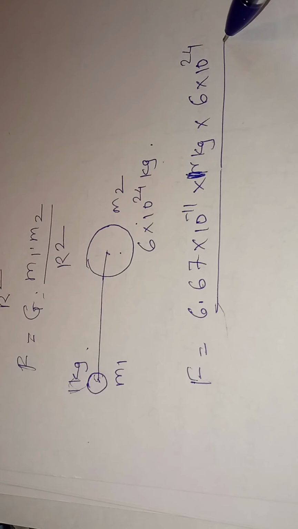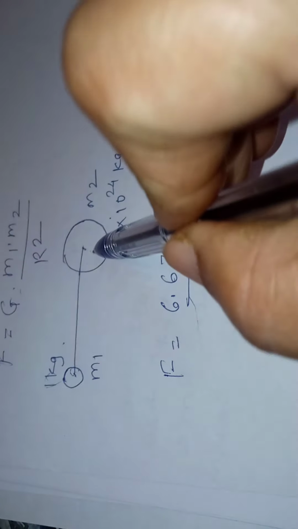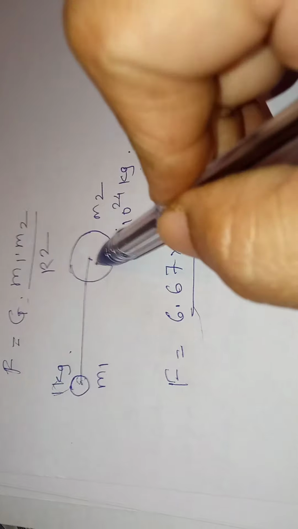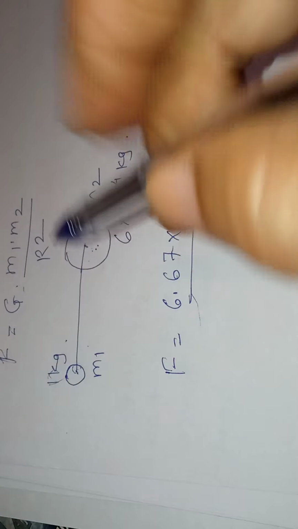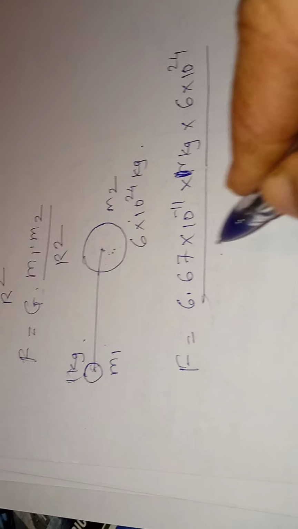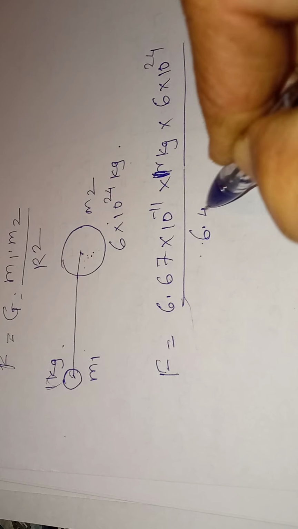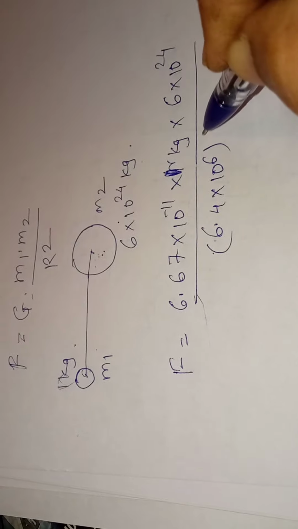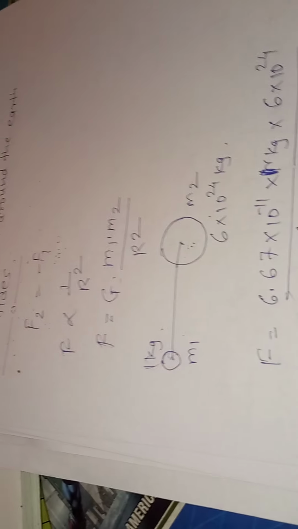divided by the distance between this object and the earth, which is equal to the radius of the earth, because the object is on the surface of the earth, and the radius of the earth is 6.4 into 10 raised to 6, squared.